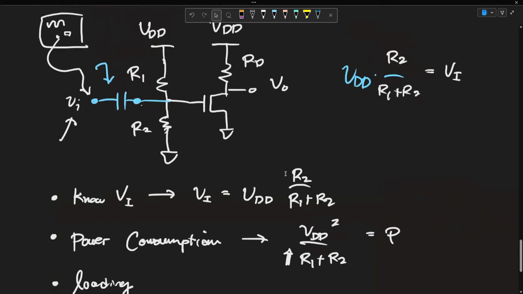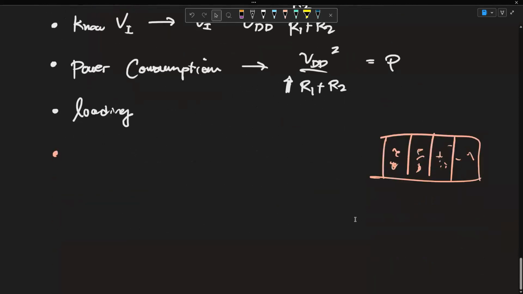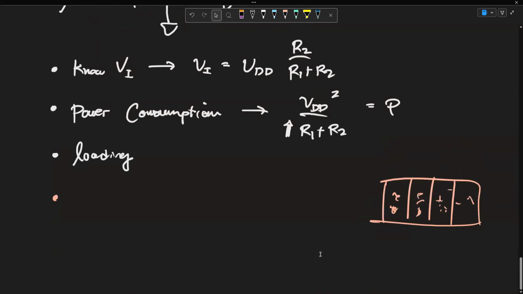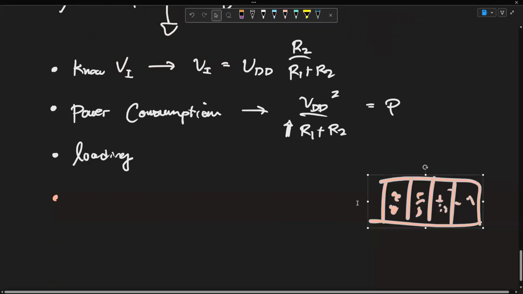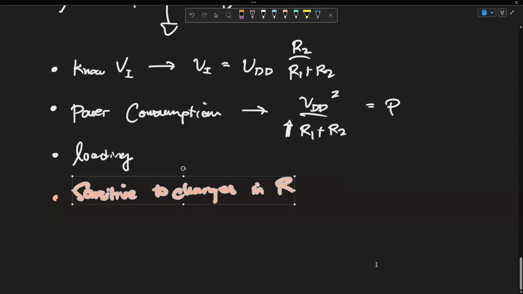You just need to find the pair of R1 and R2 that gives you the exact VN that you want. But for integrated circuits, for example, you don't have that luxury. You integrate the resistor, and that's what you get. Once it's printed, that's your resistor. This is sensitive to changes in R. Ultra sensitive.